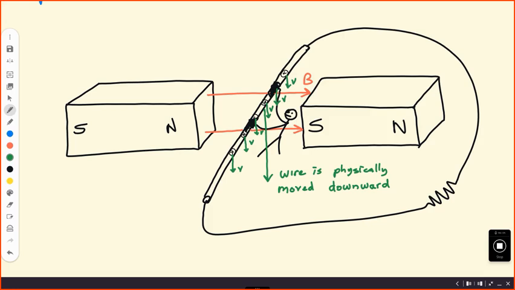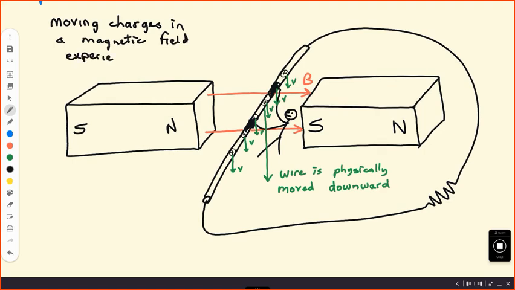Now, recall from before, we established that charges that are moving in a magnetic field experience a magnetic force.